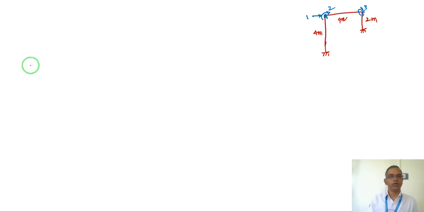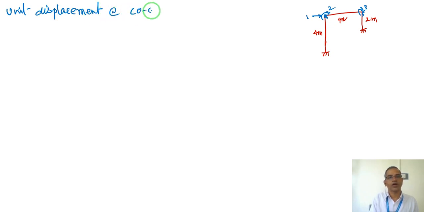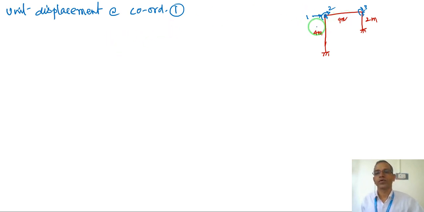Now let us look at a unit displacement at coordinate 1, so we are trying to find the stiffness coefficients. Due to this unit displacement at 1, what will be the load or shear at 1?